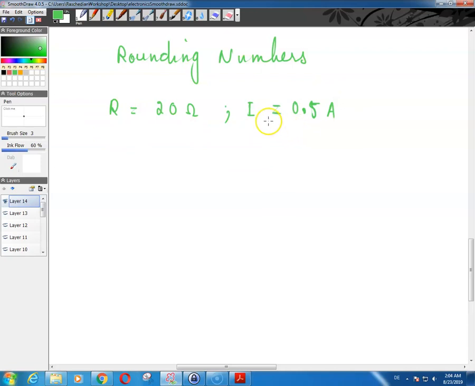Of course, V is equal to IR, so V is equal to 0.5 in amps, so I don't have to convert it, times 20 in ohms, which is equal to 10 volts.